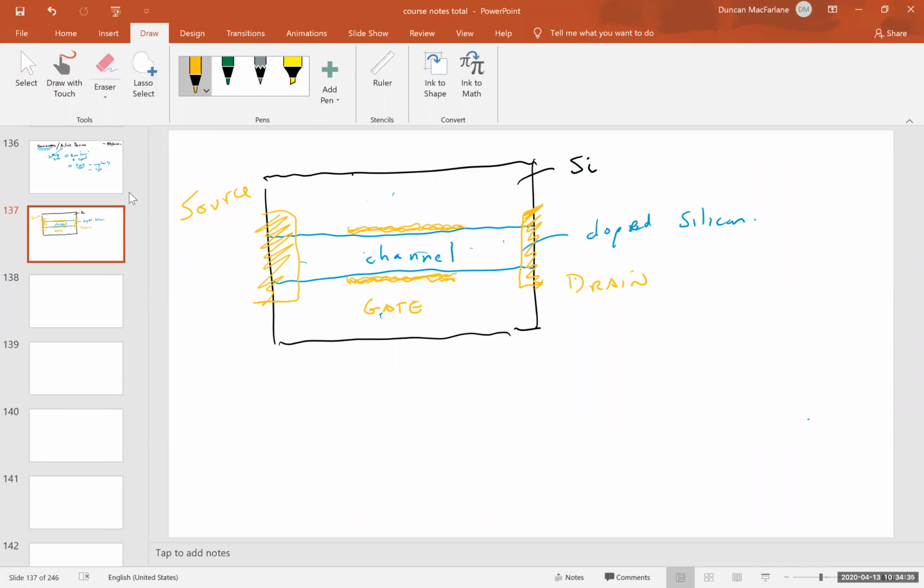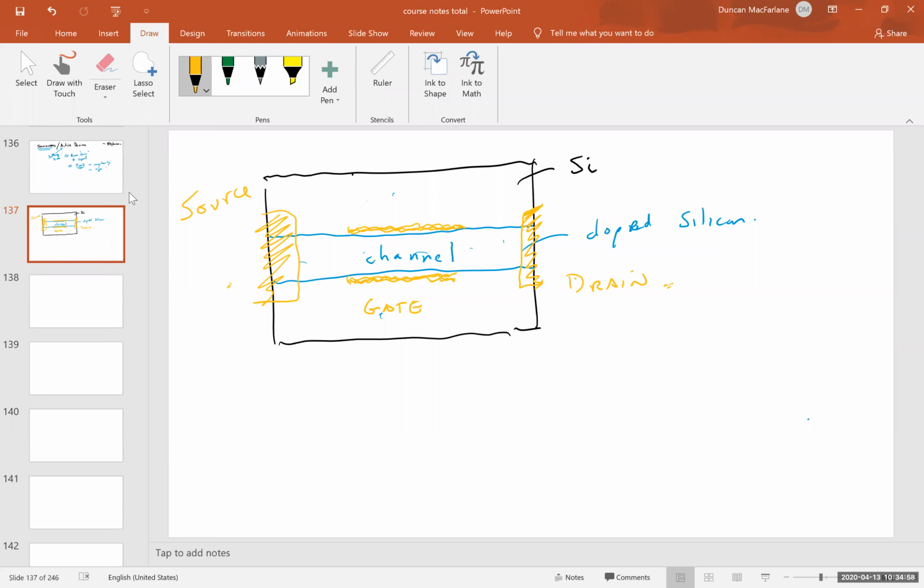I want you to pause and think for just a second about those words, because those words have meanings. Current starts with the source. It wants to get to the drain of this transistor.